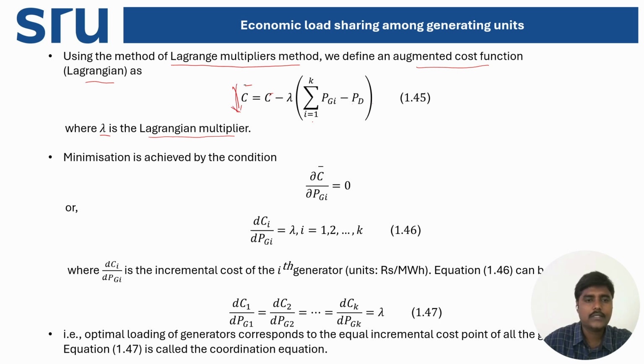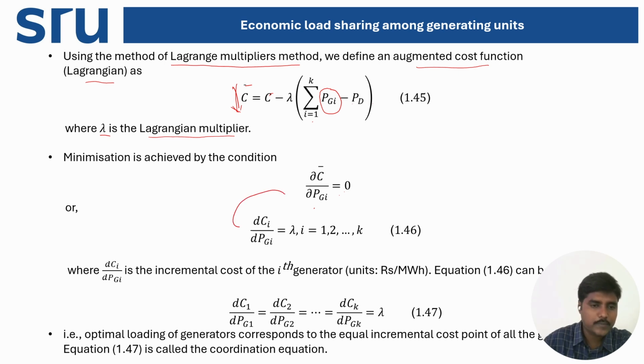That is our objective: to minimize the total cost of generation. For that, differentiate this cost equation with respect to its variable. The variable here is the power output of each and every generator, that is PGi, and set it equal to 0. So dou C bar by dou PGi is equal to 0. This is the condition by which you can minimize the total cost of generation.